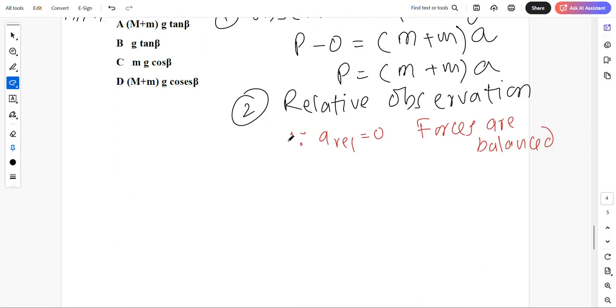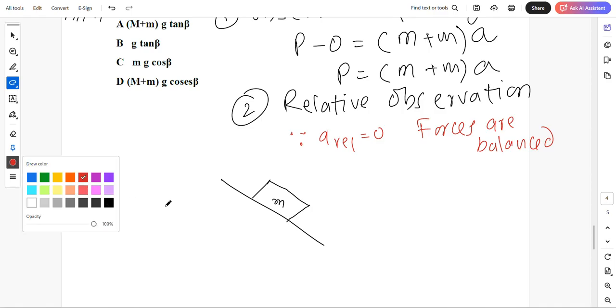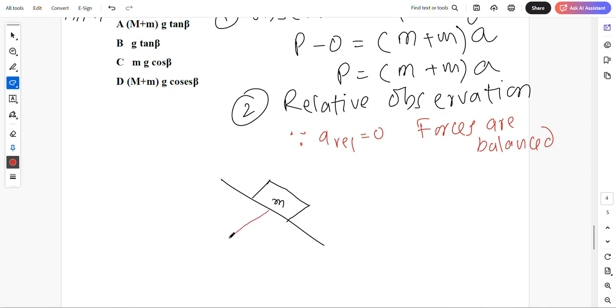I will write all the forces once again here so that you won't have any confusion. Now, this is the block of mass M. I'll write the forces here. This is what we got: Mg cos of beta, and Mg sin of beta.